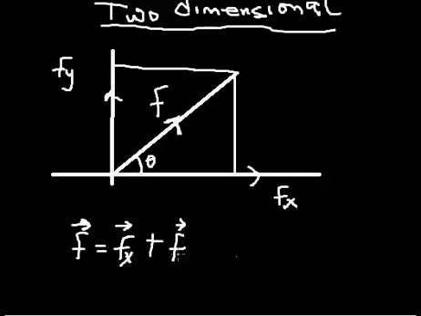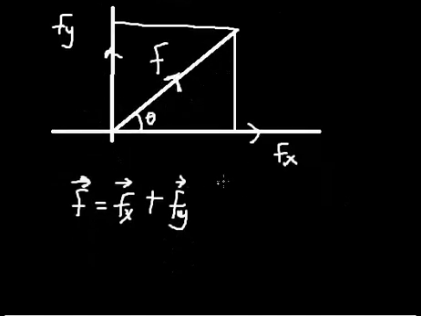Both the vertical component and the horizontal component together represent this particular vector. In some cases, we attribute a unit vector in the vertical direction, that is F of y, to be j, and one in the horizontal direction to be i. So I have coordinates i and j.